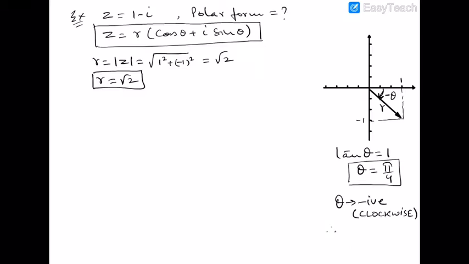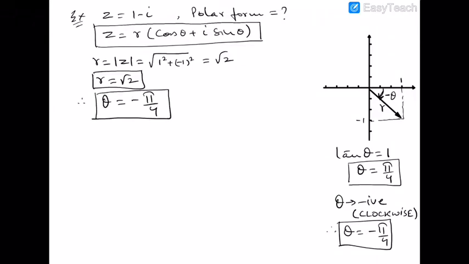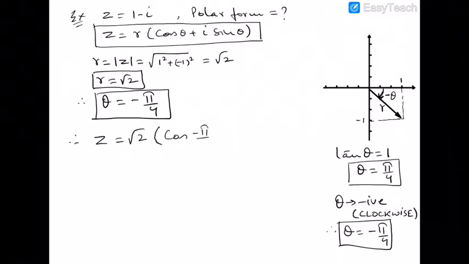So r is equal to root 2 and theta is equal to minus pi by 4. So the polar form of 1 minus i will be root 2 times cos of minus pi by 4 plus i sin of minus pi by 4.